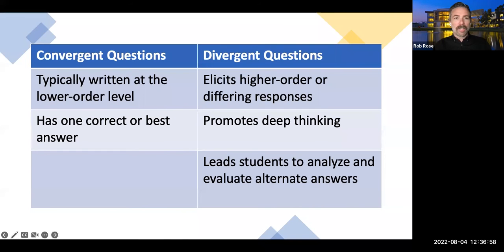So let's maybe conceptualize this in a different way, thinking about convergent versus divergent, coming back to this element again. On the convergent side, these are questions that are often written at the lower order level. They're questions that have one correct or best answer.